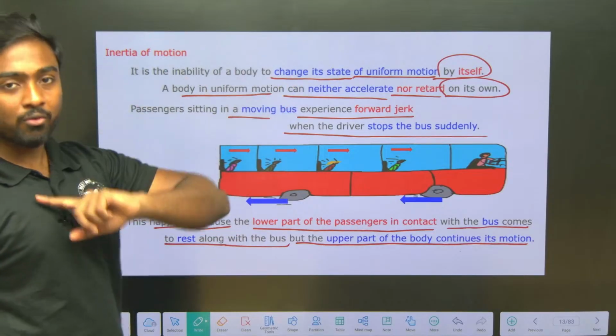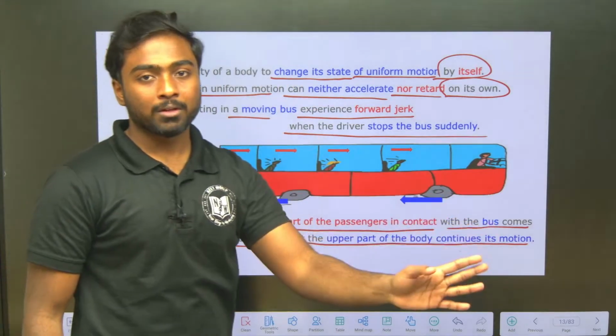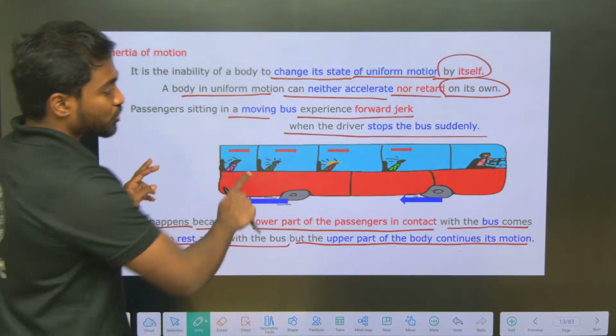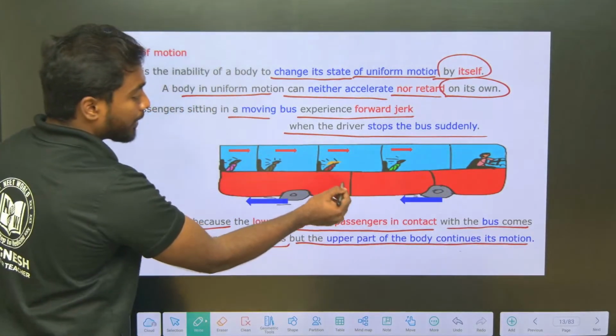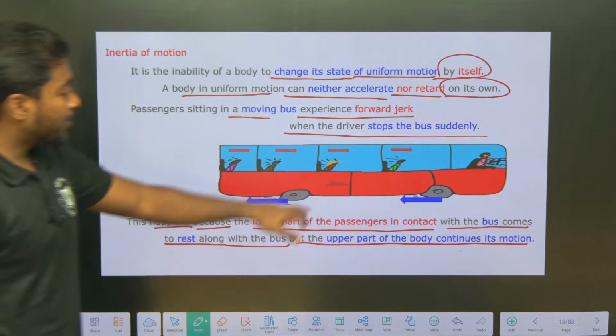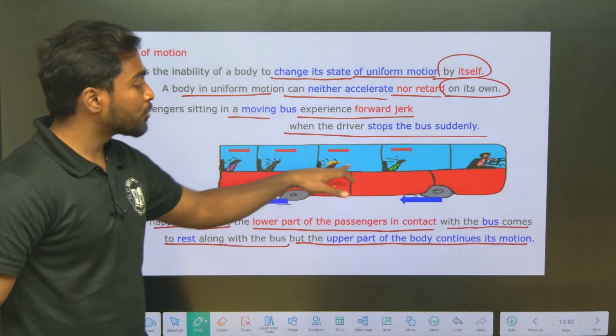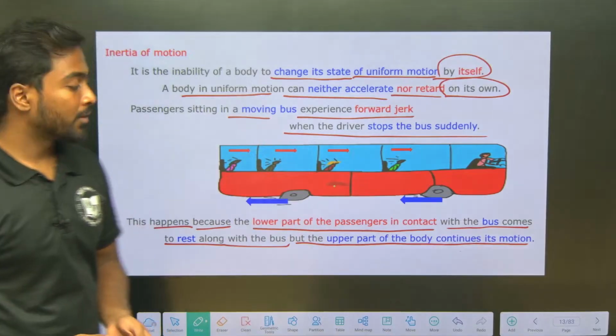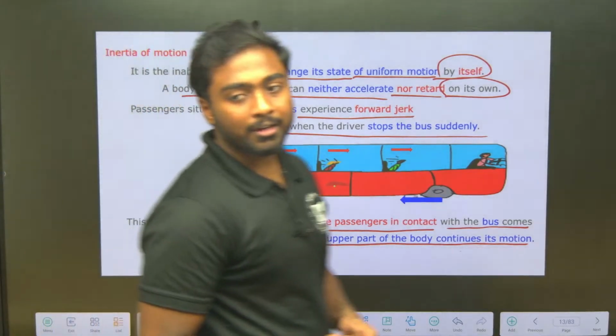It depends on the reference points, right? When the bus stops suddenly, the feet in contact with the surface of the bus come to rest, but he continues to be in motion. That's the law of inertia of motion.